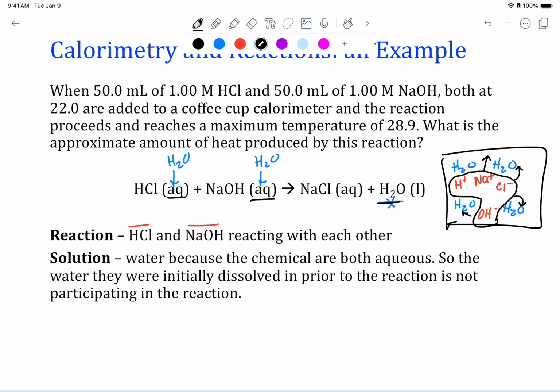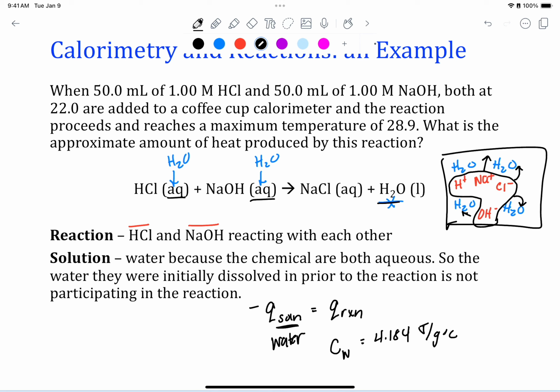Well, if we know the Q of the solution, we know that it is the negative of the Q of the reaction. And since our solution is water, we know C of water, that's going to be that 4.184 joules per gram degree Celsius.